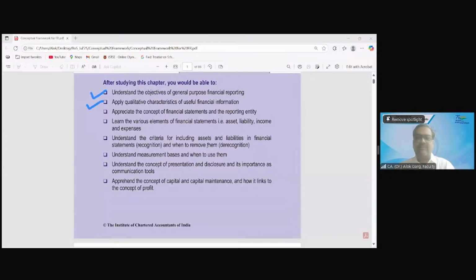Is that readable? Will investors be able to read it quickly? No. The framework says it should not contain every information, only the useful information.